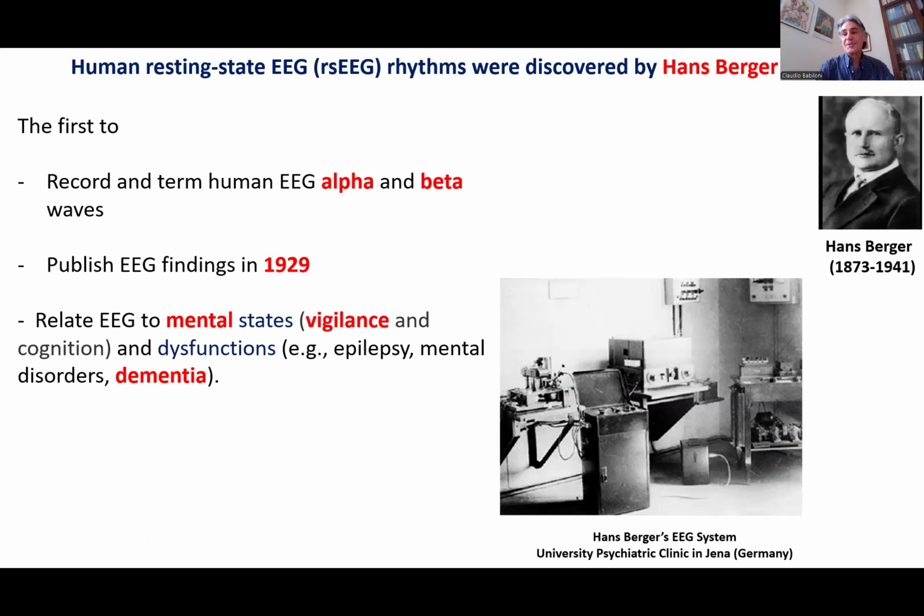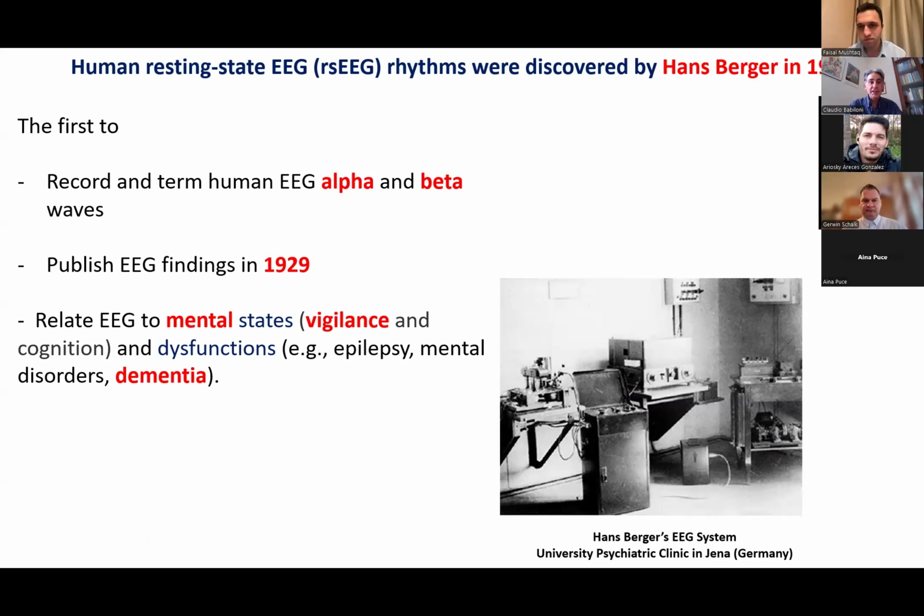And you see today that Hans Berger, a German psychiatrist, first discovered human EEG in 1924 and was the first to name alpha and beta waves from resting state, eyes closed EEG, and was the first to relate resting state EEG with vigilance states and also pathological brain conditions such as dementia, for example.